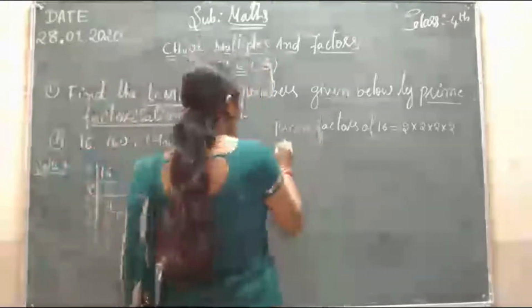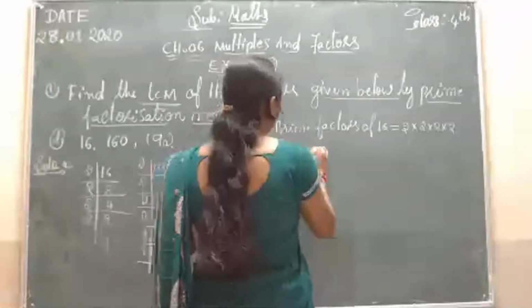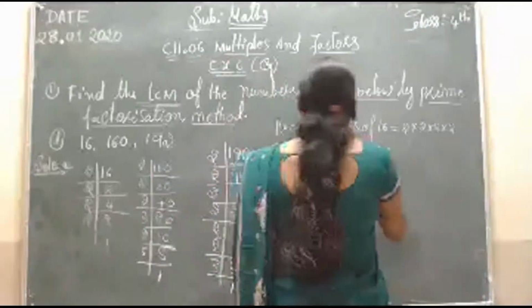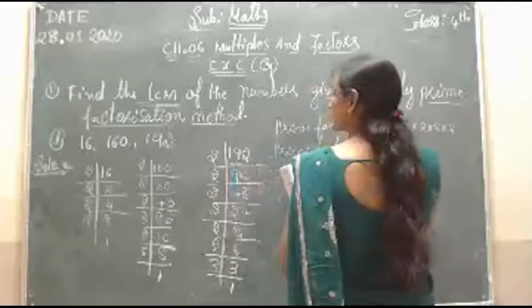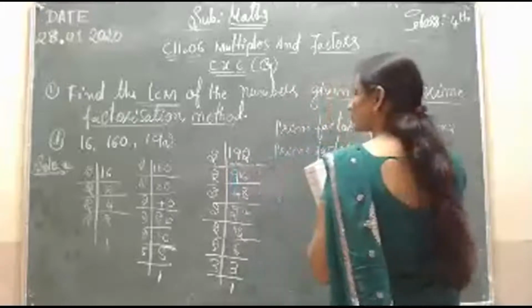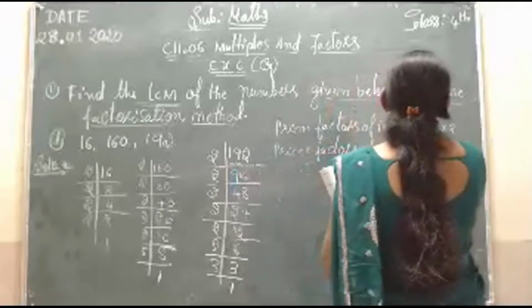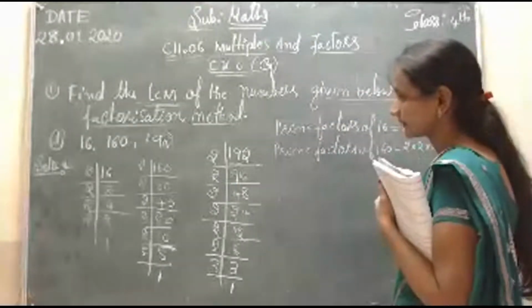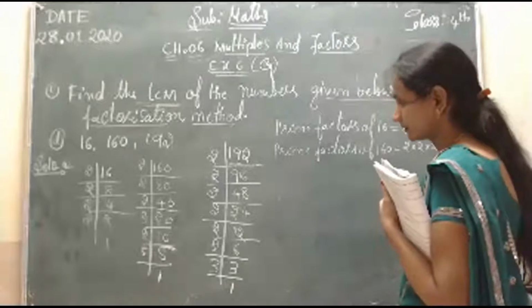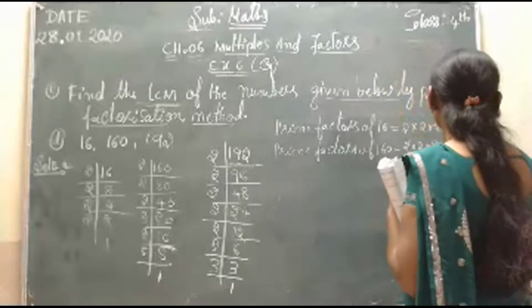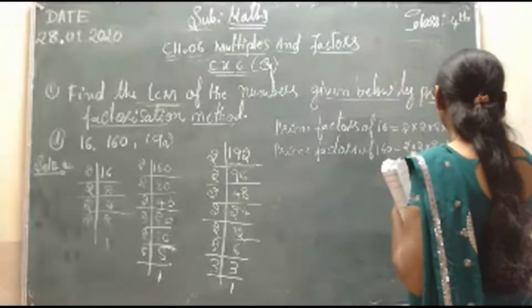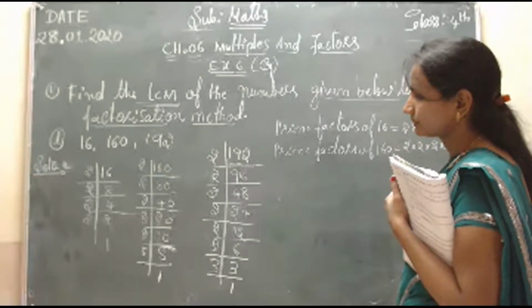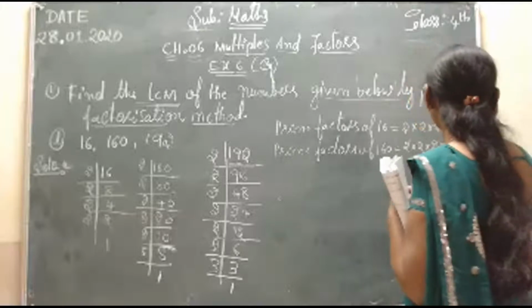Next, in the same way you have to write the prime factors of 160, students. So I have to write 2 into 2 into 2 into 2. How many times is 2 multiplied, students? Sorry, that is 5 times, and the last is 5.